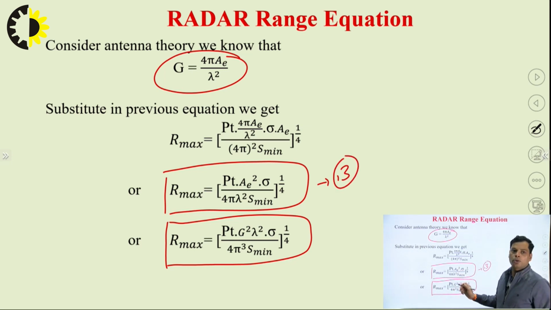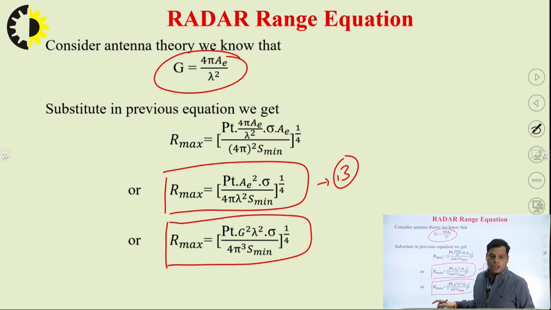It is only possible if we make one assumption: the gain we are using in the derivation is the transmitting antenna gain, and the power we detect at the receiver for this R max value is at the receiver antenna.